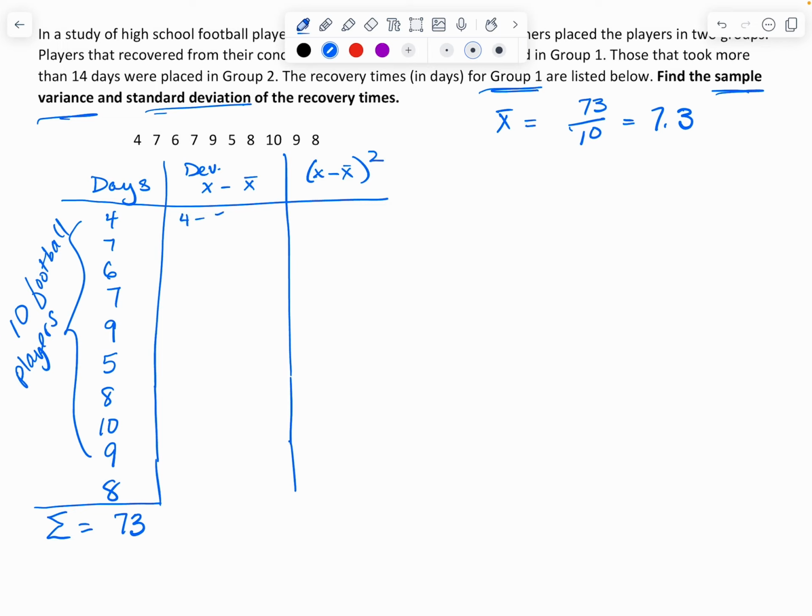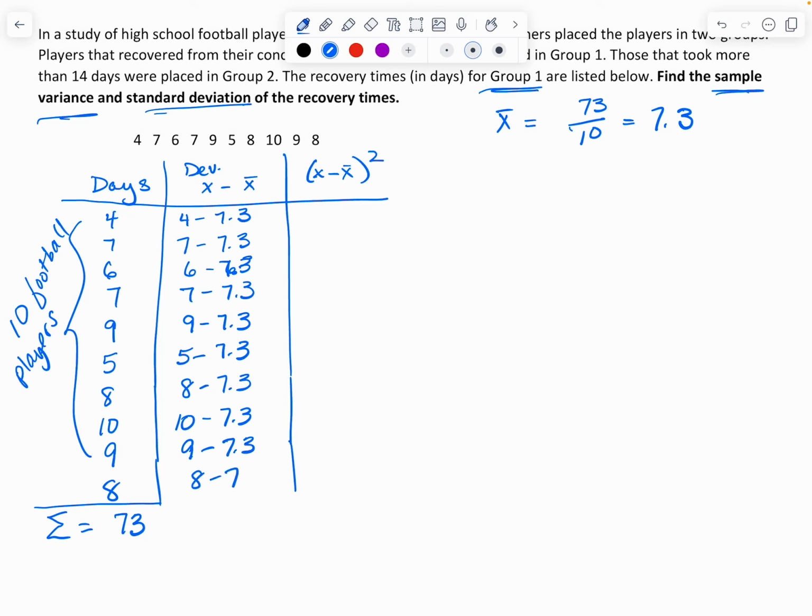Okay. So again, for the deviation, 4 minus 7.3, 7 minus 7.3, 6 minus 7.3, 7 minus 7.3, 9 minus 7.3, 5 minus 7.3, 8 minus 7.3, 10 minus 7.3, 9 minus 7.3, and 8 minus 7.3.